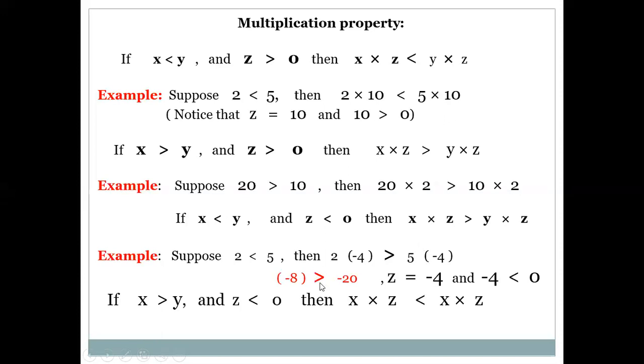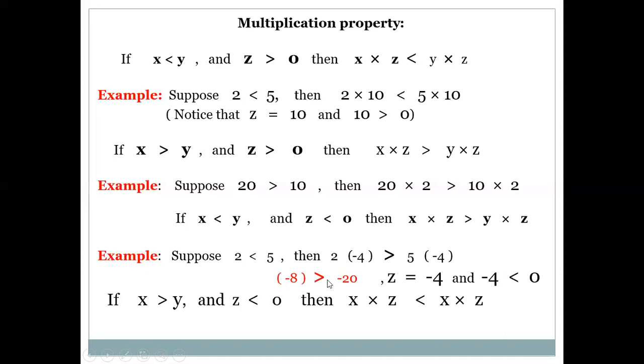How is this possible? Suppose 2 is less than 5 and we multiply by a negative number on both sides, minus 4 multiplied by 2 and minus 4 multiplied by 5. So 2 multiplied by minus 4 is minus 8 and minus 4 multiplied by 5 is minus 20.